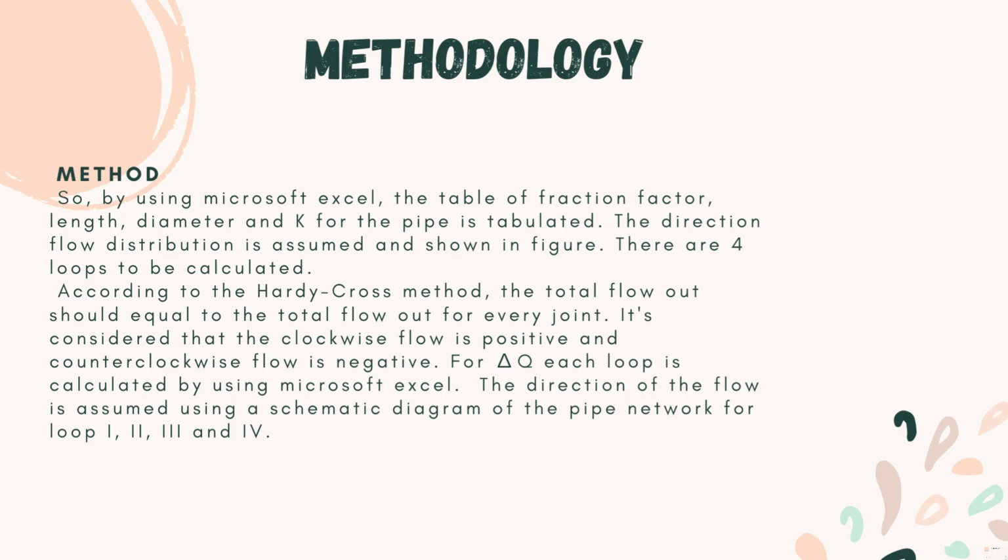It is considered that clockwise flow is positive and counterclockwise flow is negative. The Q for each loop is calculated by using Microsoft Excel. The direction of the flow is assumed using a schematic diagram of the pipe network for loops 1, 2, 3, and 4.